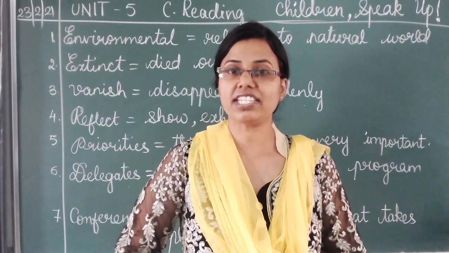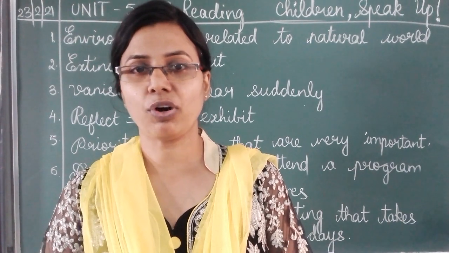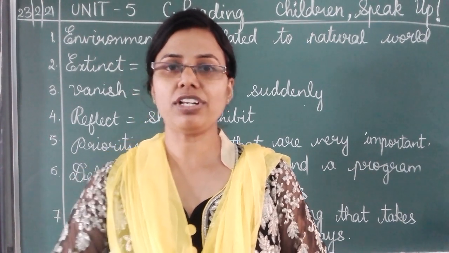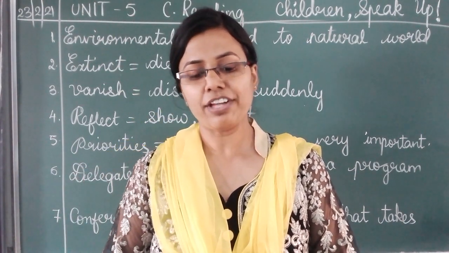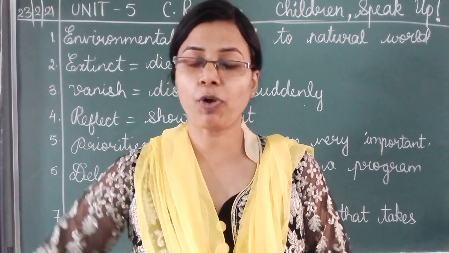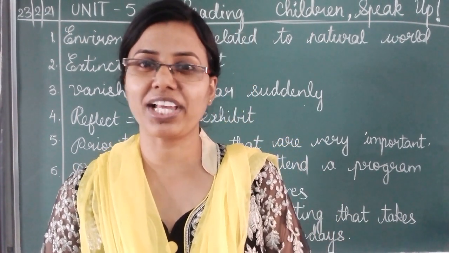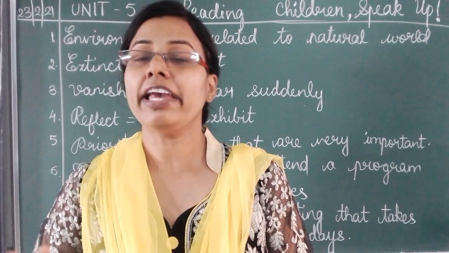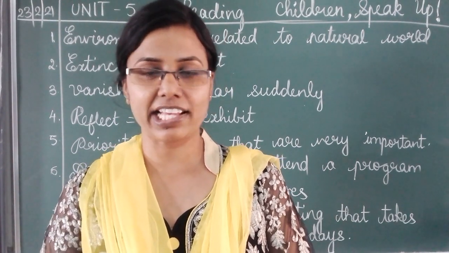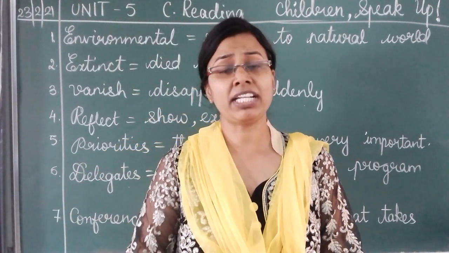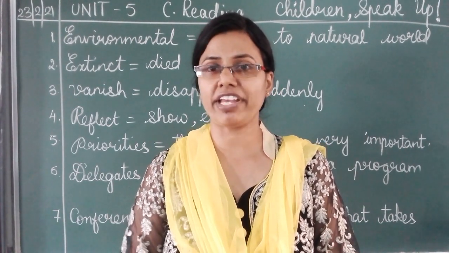So here she is telling that you have come to this conference for your own children. She says that if a problem is there, parents always try to tell that there's no problem, everything is going to be okay, relax. But now she is not convinced.